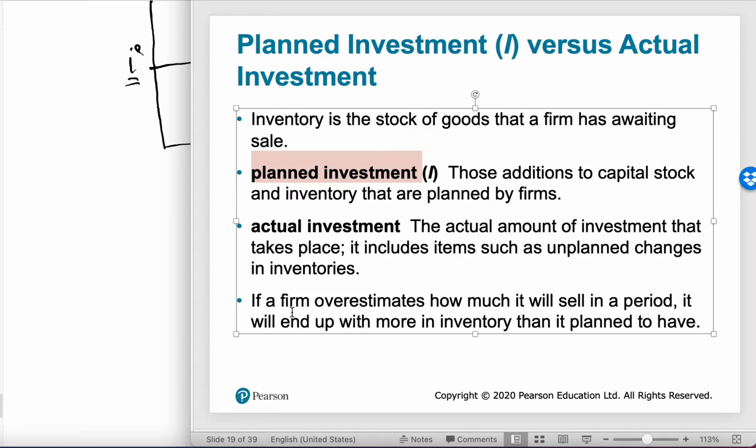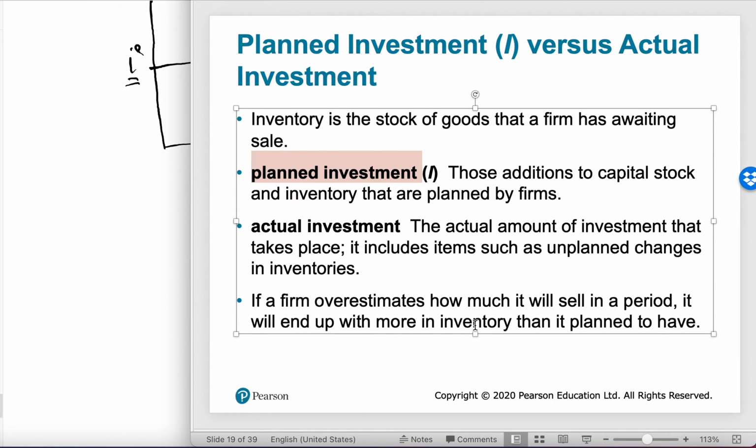So if a firm is overestimating, then instead of selling, it goes and sits in the inventories. So the level of inventories is going up. So this is when the actual production or actual investment is going to be far more than the planned one.